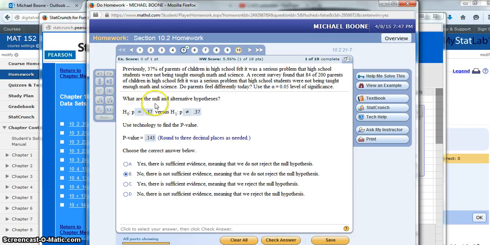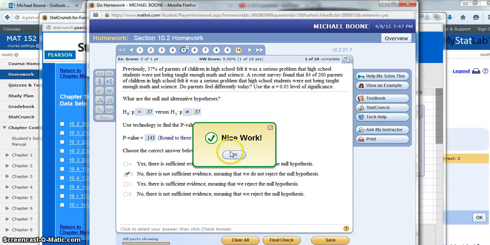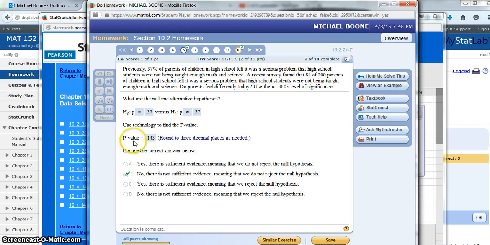We still think the real feeling for parents is 37%. Yes, the one sample that we did was higher, but that's not high enough for us to say it's not 37%. So if this value was lower, we would have to reject, but it is not lower than my alpha.